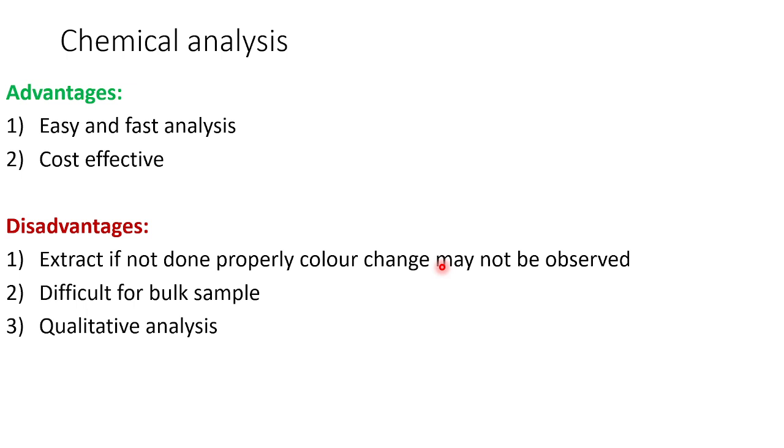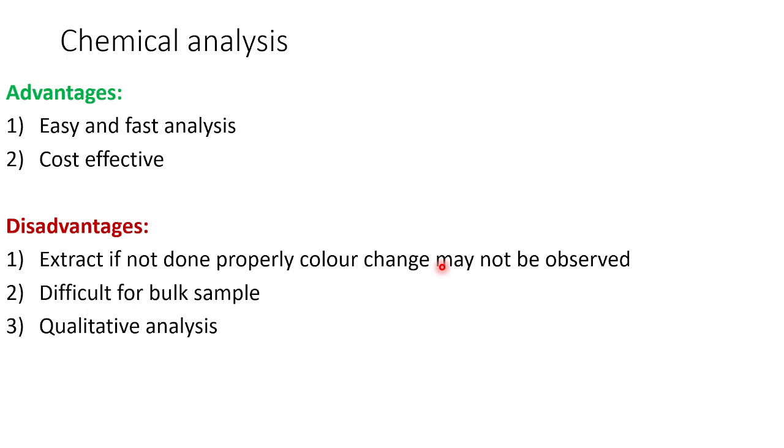The merits: it is very easy, you can do the analysis in a very short time, and it is cost effective. You don't need any sophisticated instrument like NMR or XRD. This is a very basic elemental analysis technique, and you can at least guess the different composition, or the different functional groups present in your material.